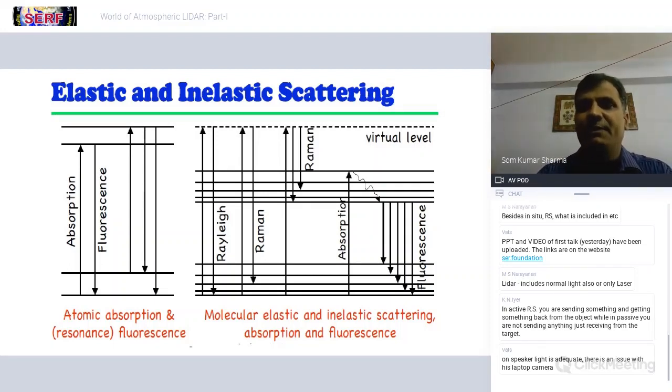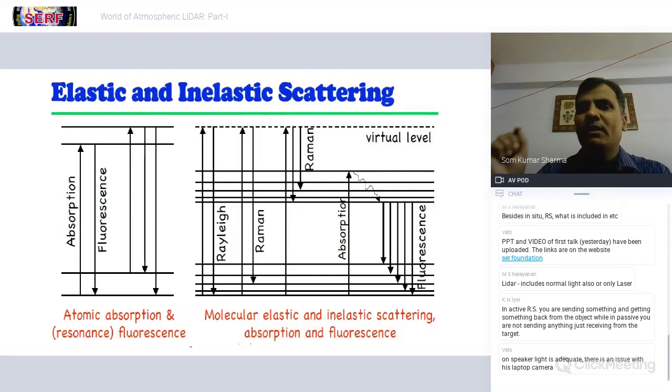When the transmitted wavelength and the backscattered wavelength which you are receiving have the same value, or you can say there is no shift in the wavelength between the transmitted and received signal, that scattering is known as elastic scattering.